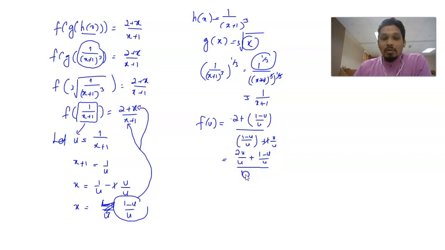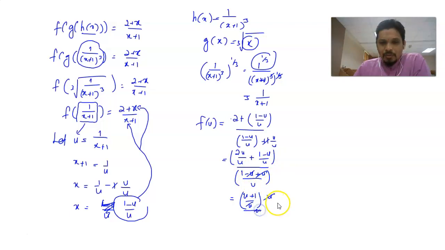So then 1 minus u plus u divided by u. Okay, 2u plus 1 minus u is u plus 1 divided by u, and bring this above here. Bring 1 over u up here, it becomes u. So then u divided by u equals u plus 1.